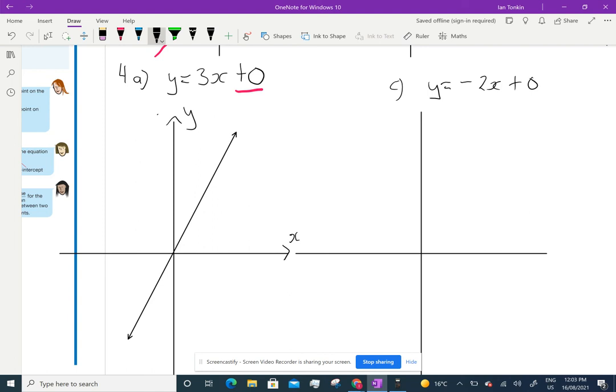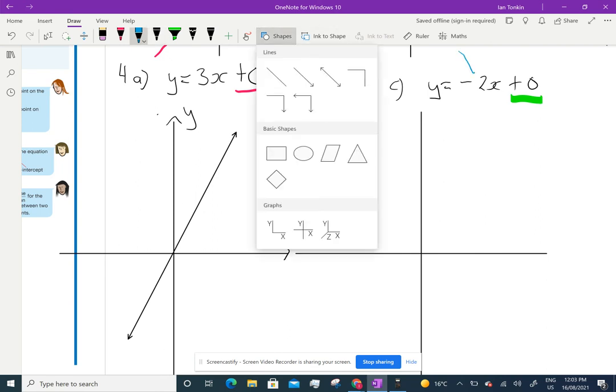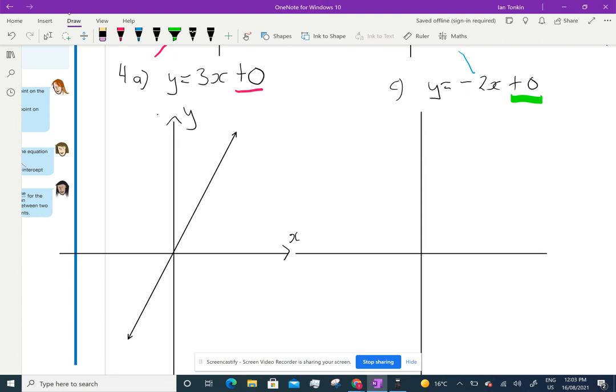You don't need to write the plus 0. You go, all right, y-intercept, 0. Negative gradient, and it's pretty steep going down. Okay, so it's going to be a straight line going through 0, 0, and it's pretty steep going down. There we go. Label your axes.